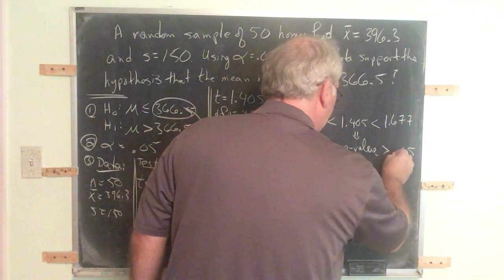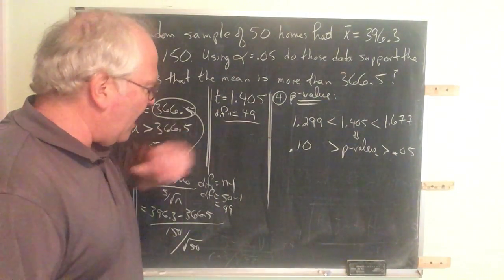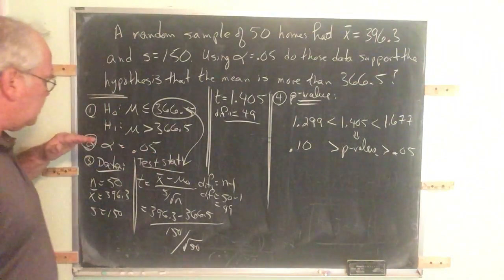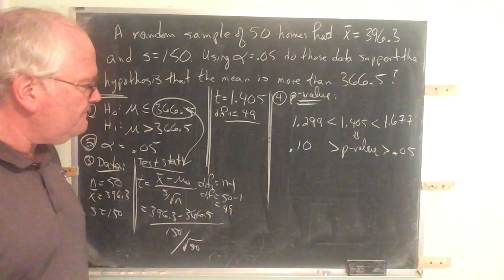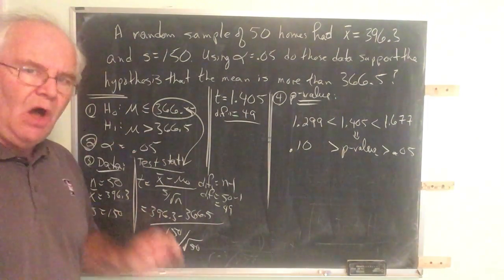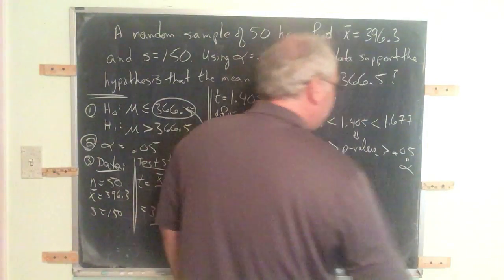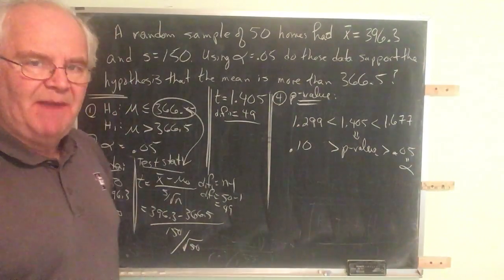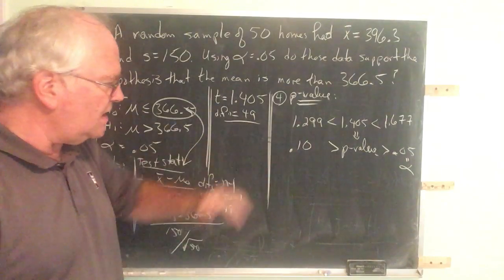Into this inequality string, we need to insert the value of alpha. Alpha is already in the inequality string. Alpha is baby bear. That's all we need to know, where does it fall in this inequality string.